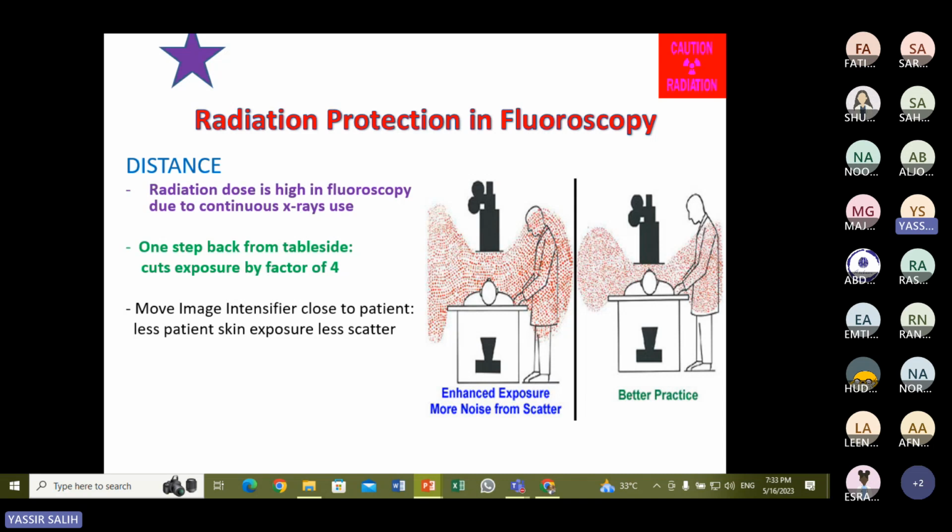This is an easy question: barium swallow, barium meal, barium follow-through, barium enema. All of these need fluoroscopy, so all these examinations give a high dose to the patient and to the operator.